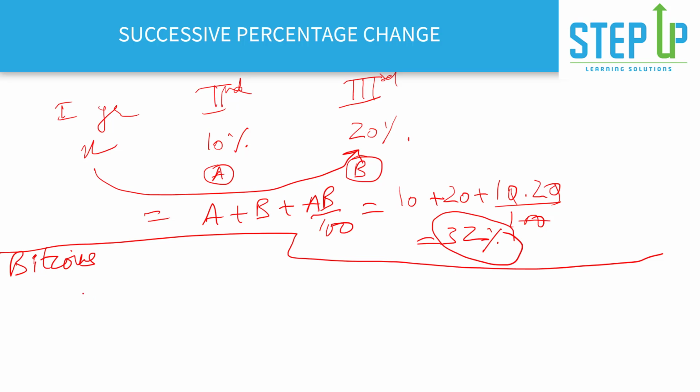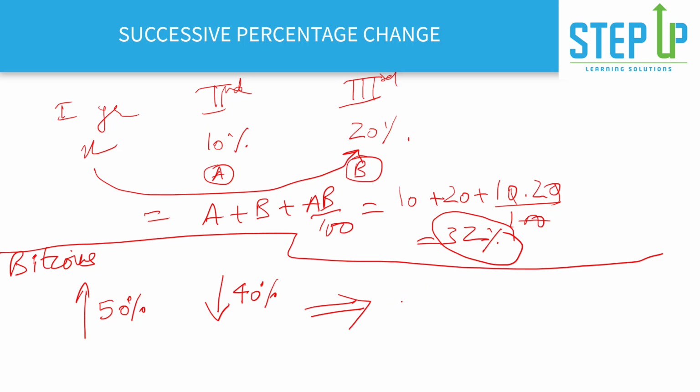In the first month there was a 50% jump in the value of Bitcoin, whereas in the second month there was a decrease by 40%. So the question is, did you make a profit or a loss?